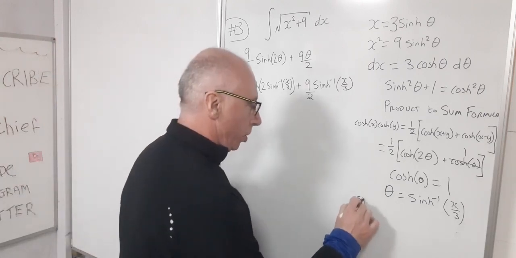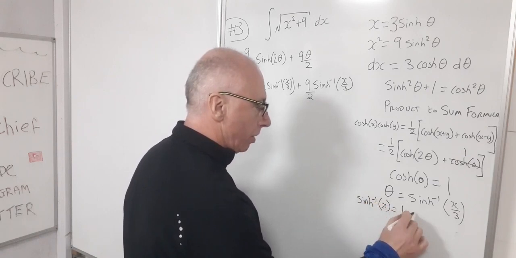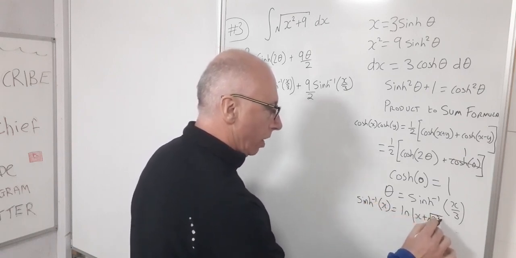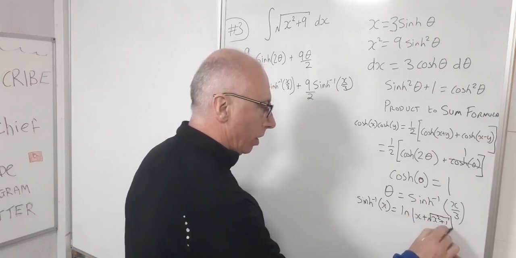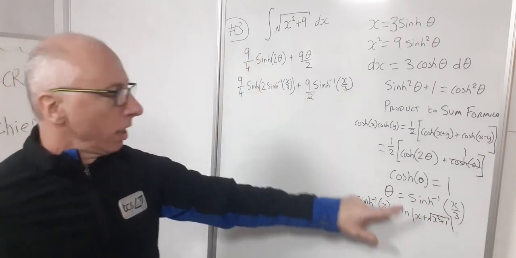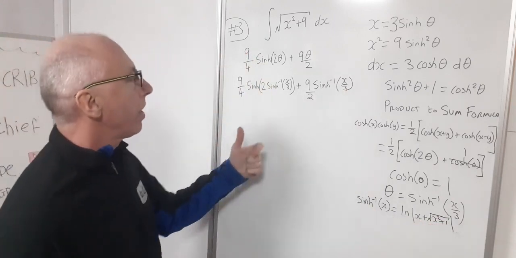So inverse sinh of x, we know that this is the natural log of x plus square root x squared plus 1. So if I've got inverse sinh of x over 3, where I see an x, I just plug in x over 3. So I can take care of that.